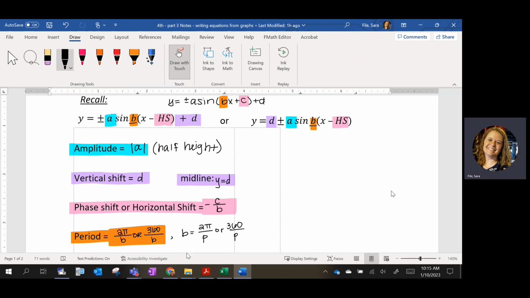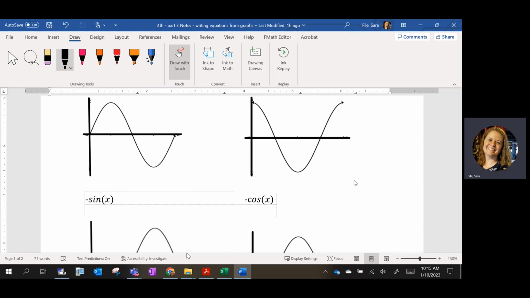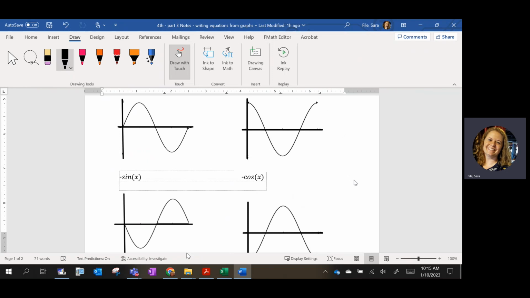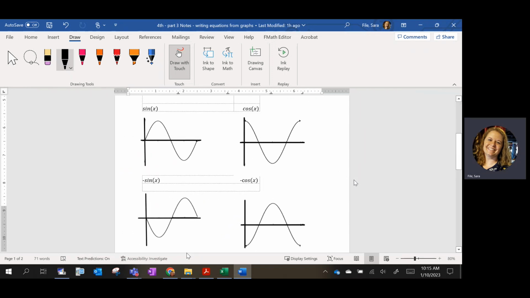All right. The other thing we need to make sure we understand, besides what all of the pieces of the equation mean in terms of transformations, is what the cycle of the graph looks like. There are 4 different cycles that we can write the equation of the graph of a sinusoid in terms of.